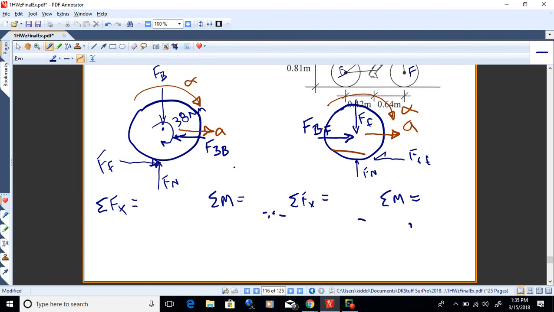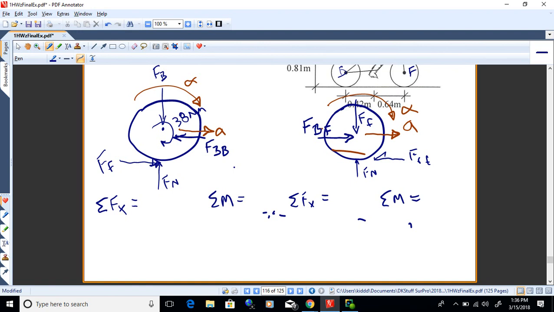Still use the moment. When you do that moment, you're going to go about the center of the wheel, right? I don't think I want to do moment down at the bottom, because I want to get rid of those force of the bike forces. So I think I'll take moments about the middle. See what you can do with that.